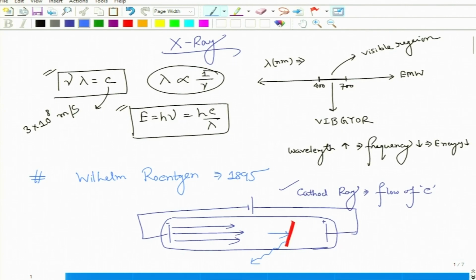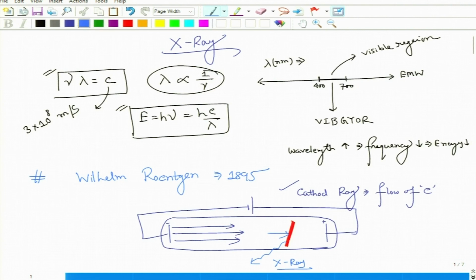There was no concept of this ray at that time. So this ray was identified by Röntgen, and he termed it X-ray because it was an unknown ray. We know in mathematics we use unknown quantities as X, right? In a similar way, Röntgen named it X-ray, meaning the unknown ray. In this way the X-ray was discovered.